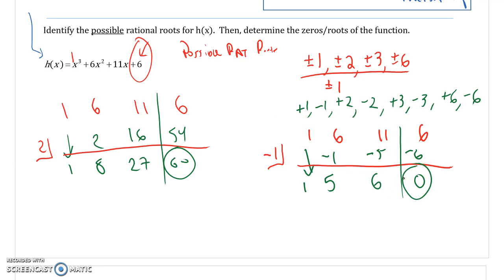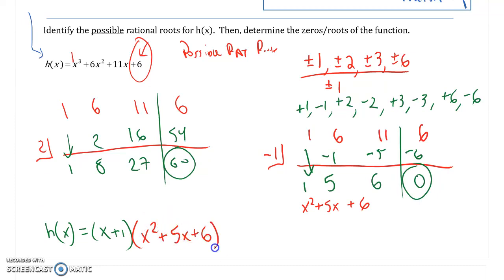It means that negative 1 is a rational root, which means that when I break down h of x, one of its linear factors will be x plus 1. Now remember, when I divide like this, what I wind up with is a quadratic. In this case, my quadratic is x squared plus 5x plus 6. So what I did is divide h of x by x plus 1, and this was my result.